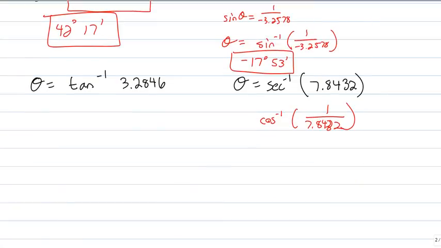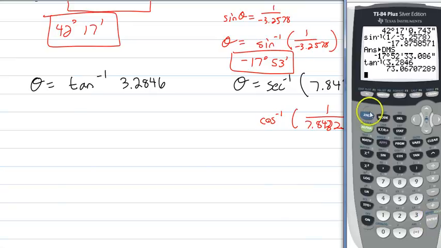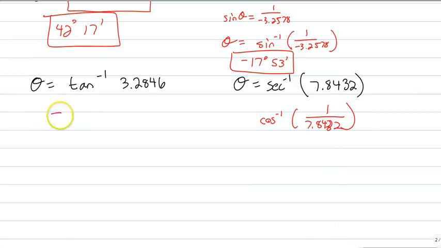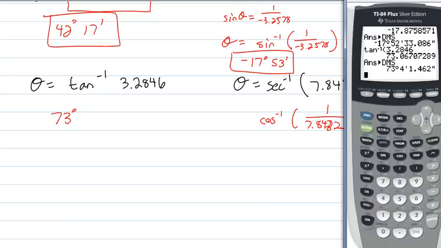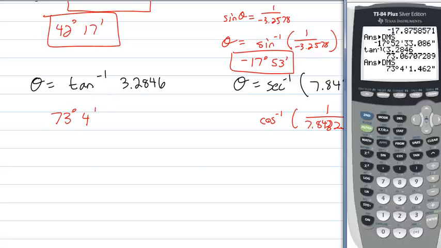Last two, just type them in as is, and we're good to go. I'm just going to finish it up here. You guys probably have been done for like 5 minutes now. But like I said, it's good to have it all on the video. So we get 73 degrees. I lost my calculator. 4 minutes. And finally, the cosine one.